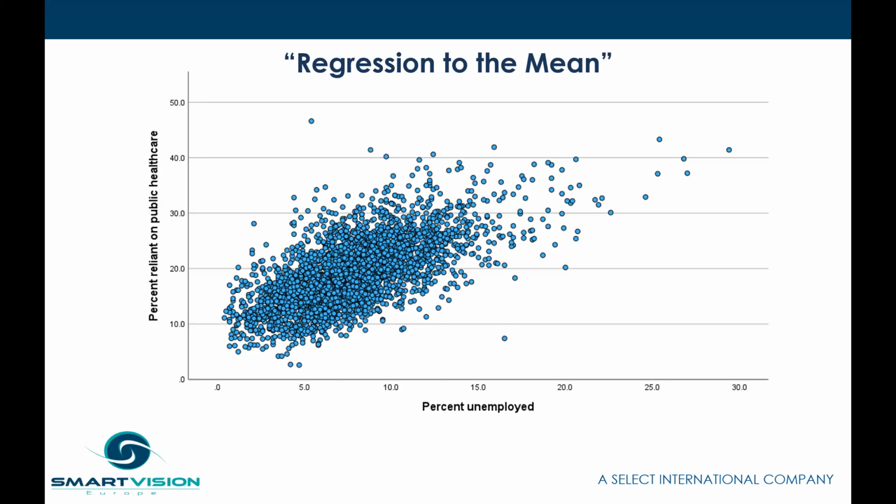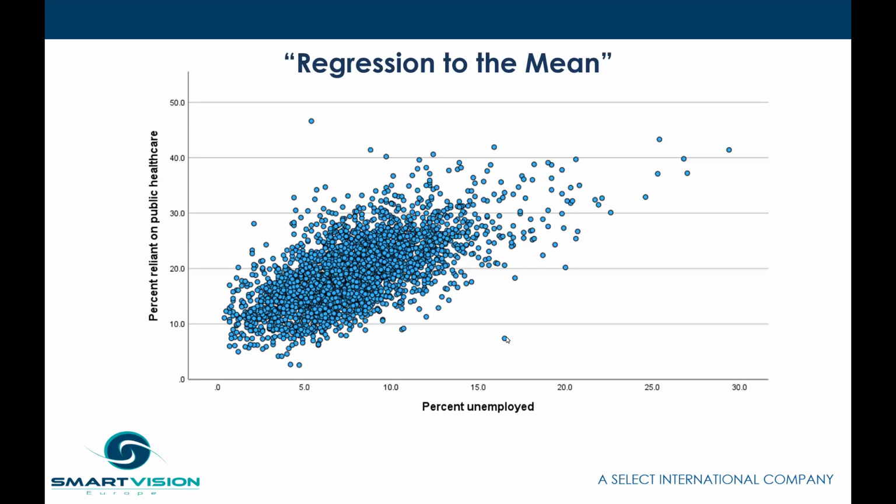In regression, the mean is very important. The average is very important here because the average can be represented by a straight line, and that straight line we're going to come on to in a moment. But suffice to say that when we visualize regression, we tend to use scatter plots like the one you're seeing at the moment, where we're looking at the percentage of unemployed in different US counties and the percentage of people in those counties that are reliant on public health care.